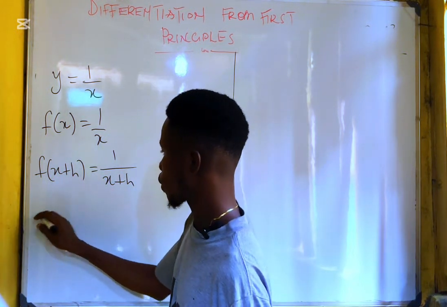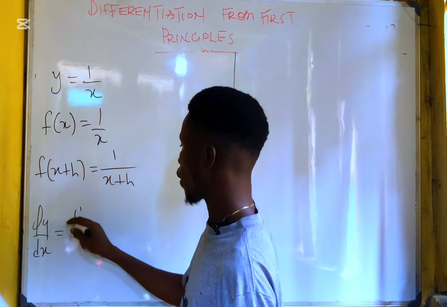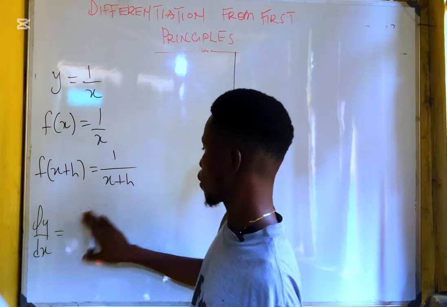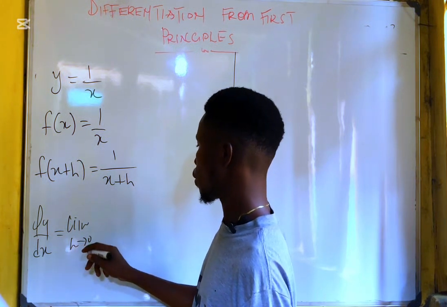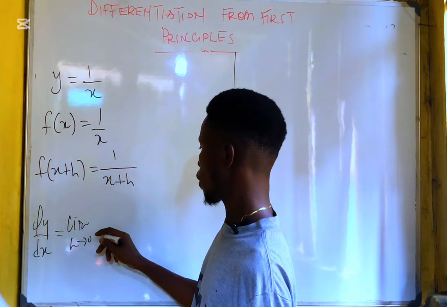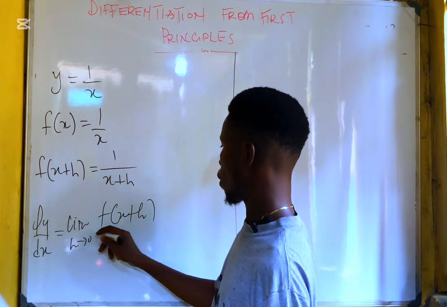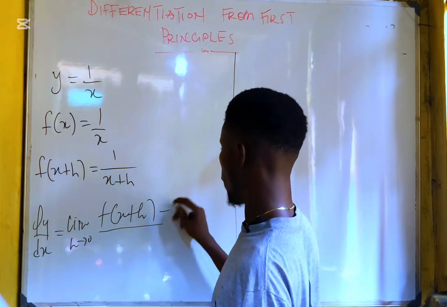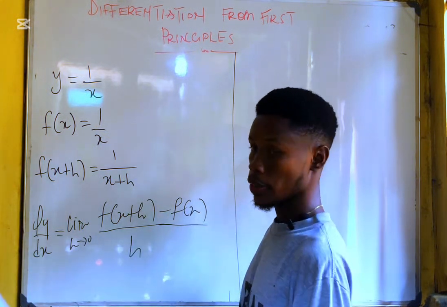So if I code the formula dy dx from the first principle, I'll have the limit as h approaches 0 of f at x plus h minus f at x, all divided by h.